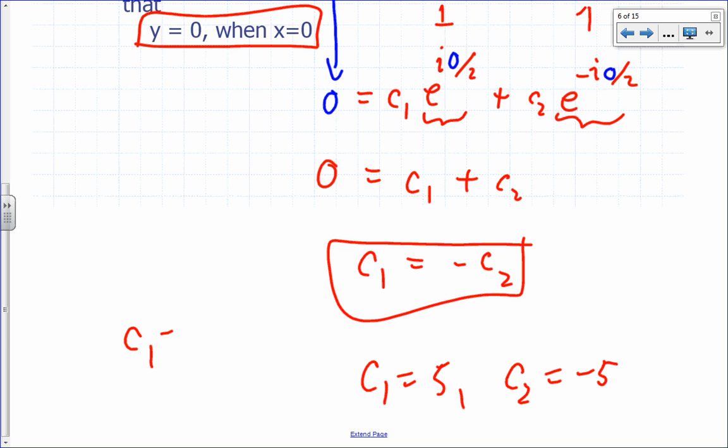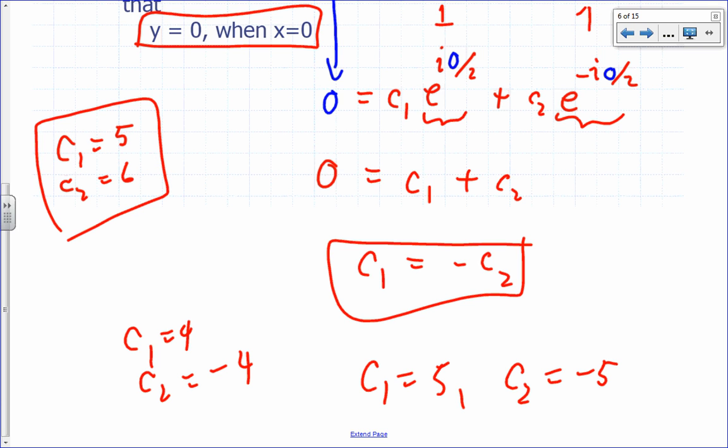If C1 is 4, C2 will have to be negative 4. So in other words, if I know that y must be 0 when x is 0, I'm not allowed to use C1 equals 5 and C2 equals 6. This will obey the differential equation, but it will not satisfy my boundary conditions. So I throw out this solution. I only keep the solutions where C1 is equal to negative C2.